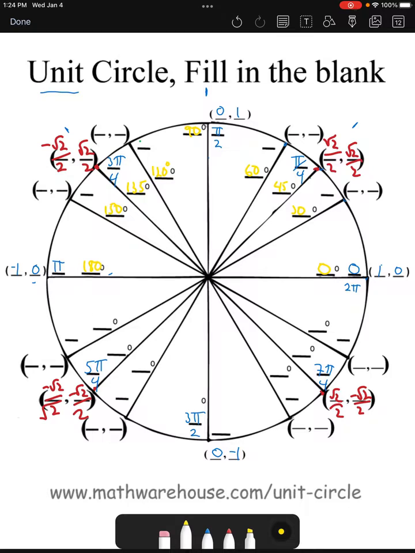We're going to add, let's see, that's 30, 210, 225, 240, 270. I think I put that one in the wrong spot, didn't I? 270 degrees, 300, 315, 330, and then 360.